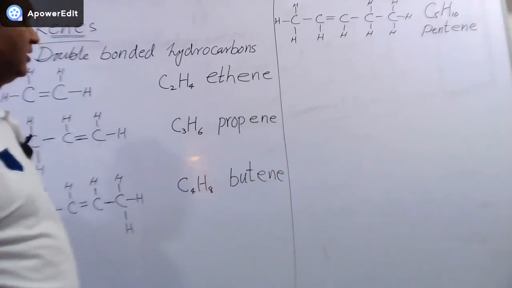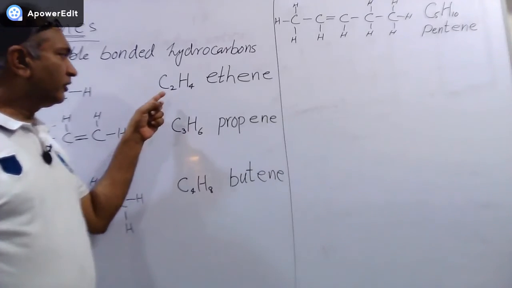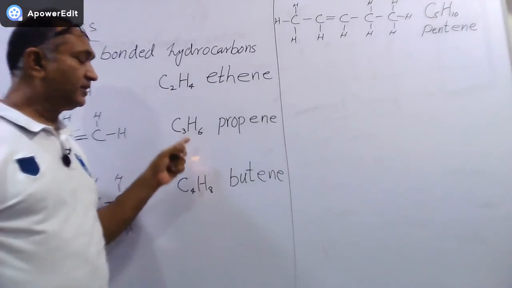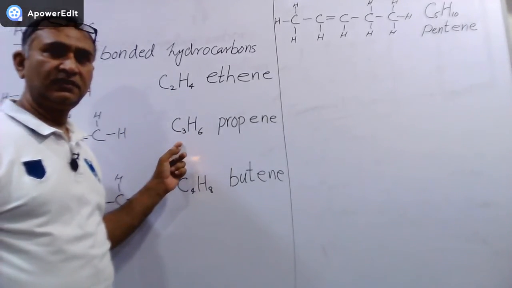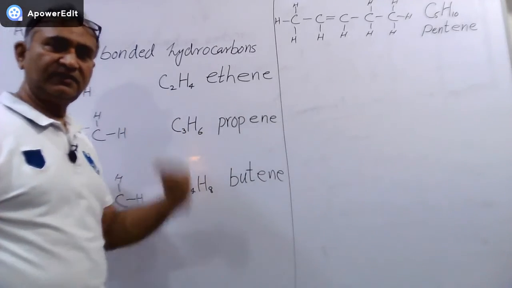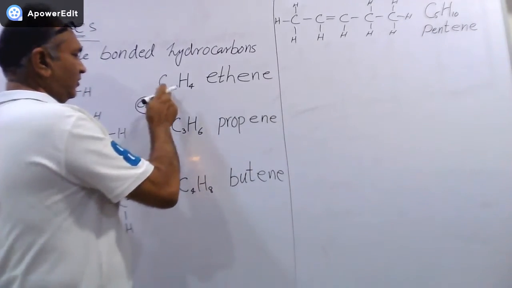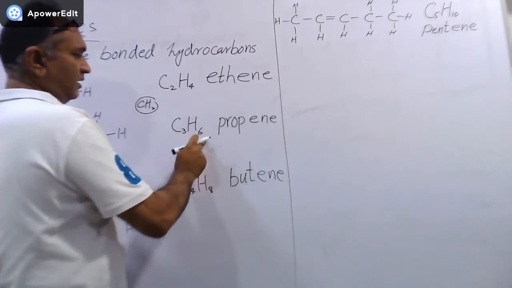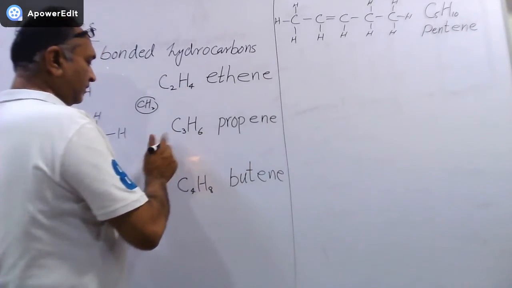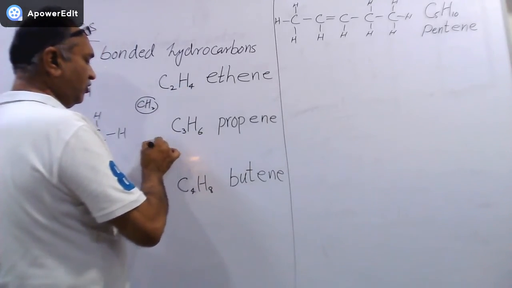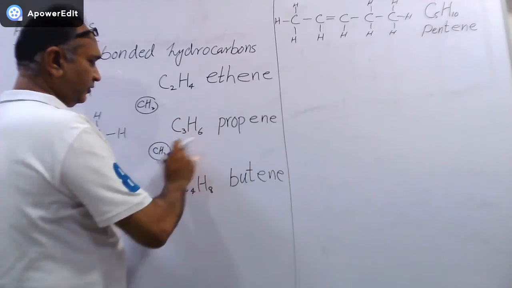Now, come to the point. What should be added in this one to get the next one? Yes, the same CH2. C3H6. Similarly, if we add CH2 over here, C4, 6 plus 2, 8.